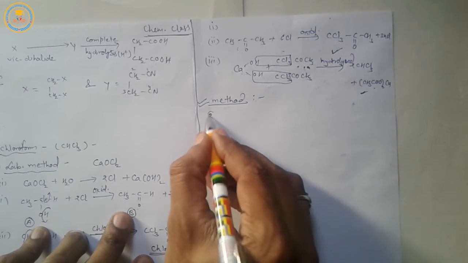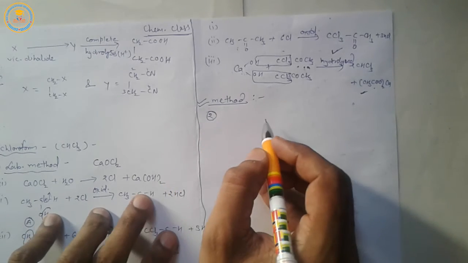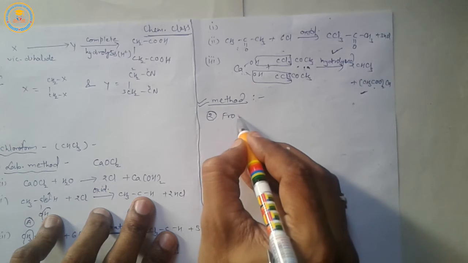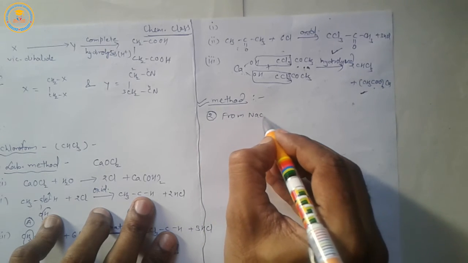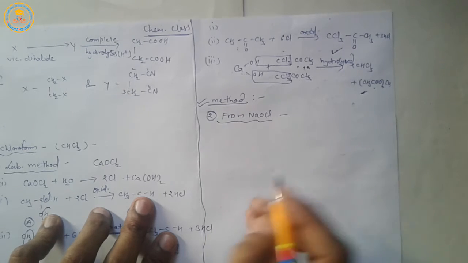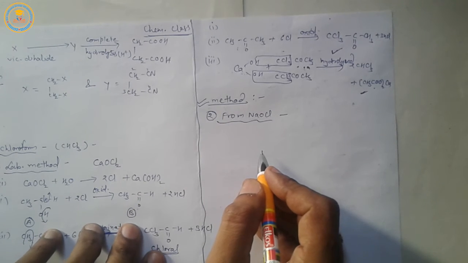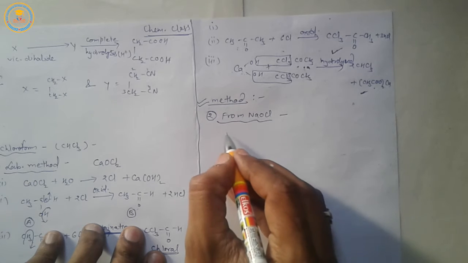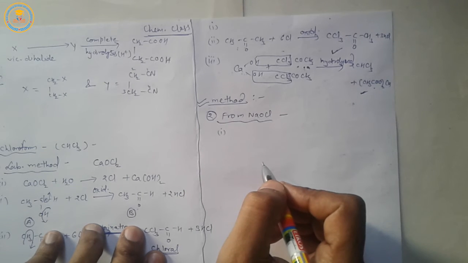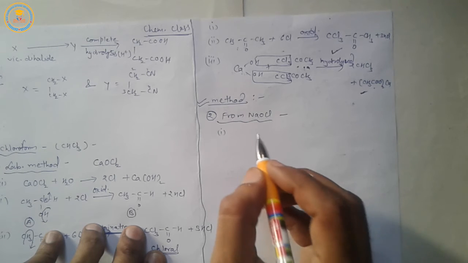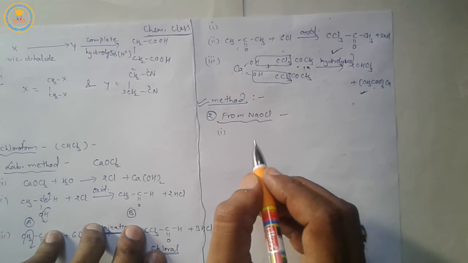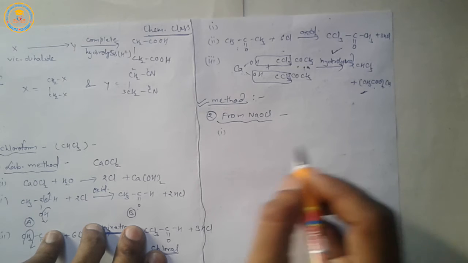Now next, the second method of preparation of chloroform is from sodium hypochlorite. When NaOH and chlorine react, sodium hypochlorite is generated.